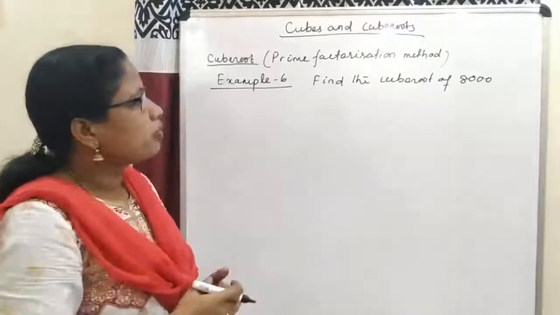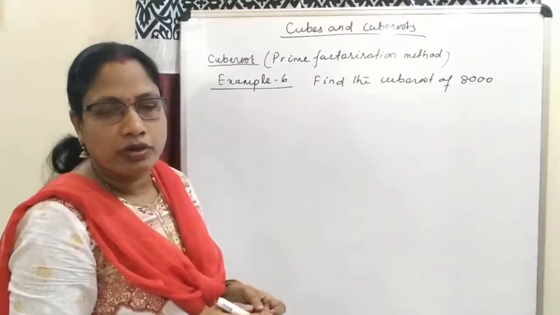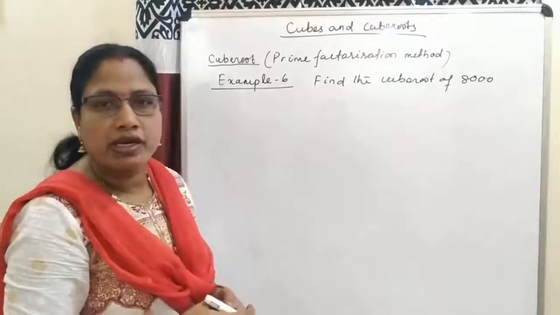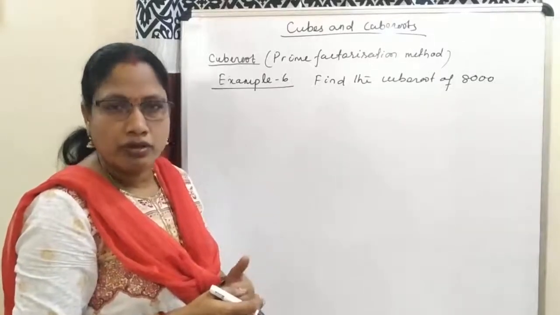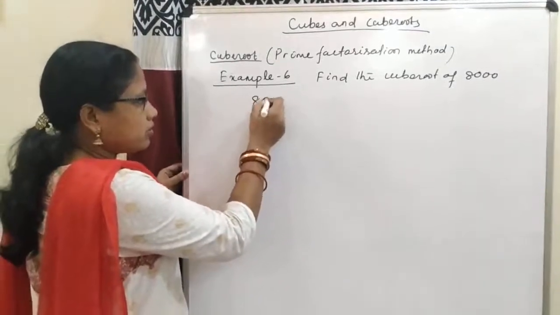Here is an example. Find the cube root of 8000. We have to find the cube root by using the prime factorization method, as we do to find the square root of a number. So this is 8000.